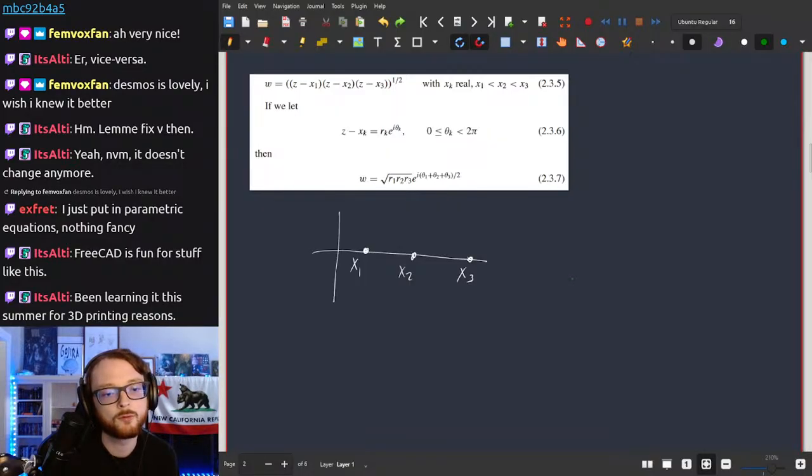If we circle around x2, where does the discontinuity happen? x1 is jumping from 0 to 2 pi. x2 isn't jumping, x3 isn't jumping.